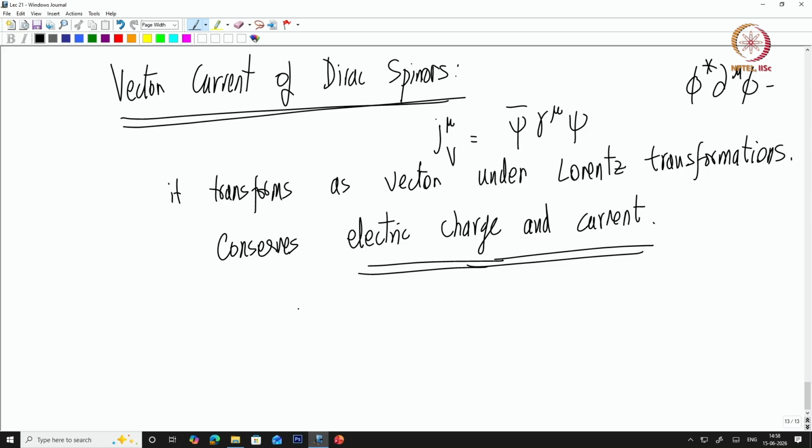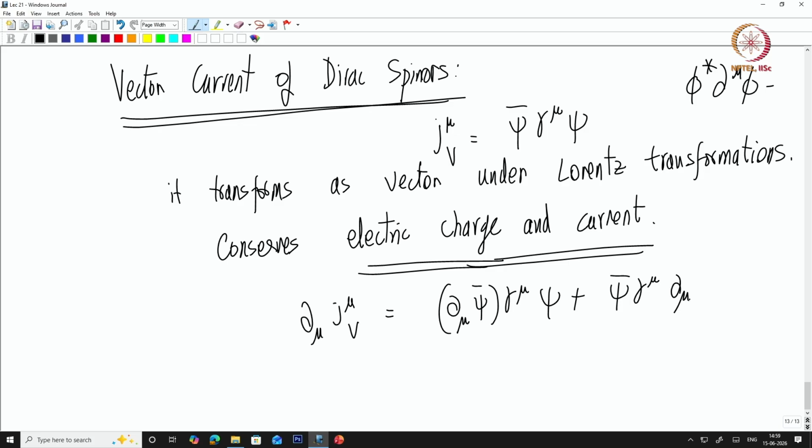So if you take the derivative of this, del mu of psi bar gamma mu psi, you get del mu psi bar gamma mu psi plus psi bar gamma mu del mu psi.